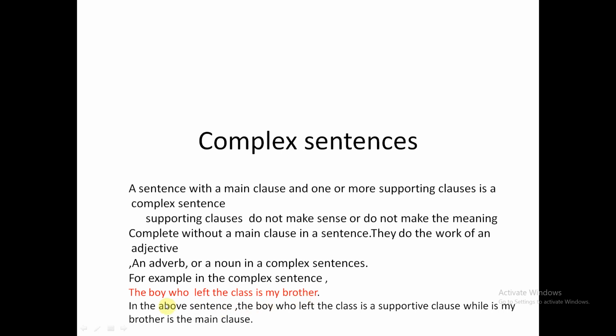"The boy who left the class" is a subordinate, or supportive, clause, right? See, in the above sentence, "the boy who left the class" is a supportive clause, while "is my brother" is the main clause. Right? Let's move on to the next slide.